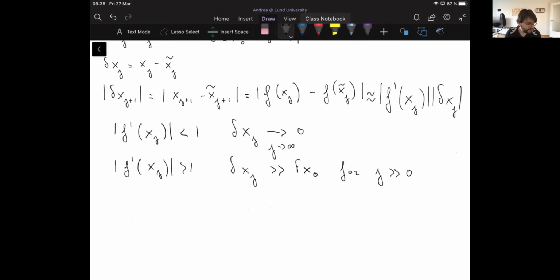Okay, so in this case, in the same way that I did before, the absolute value of delta xj will be roughly equal to f prime xj to the power of j times the absolute value of delta x0.